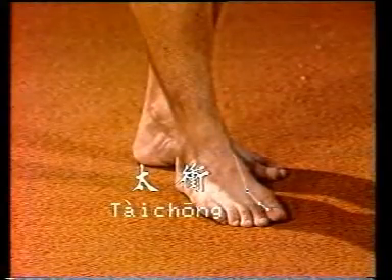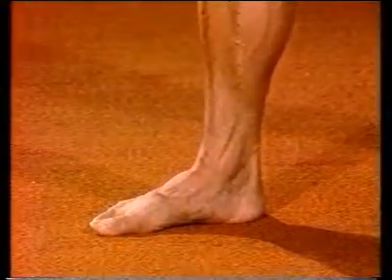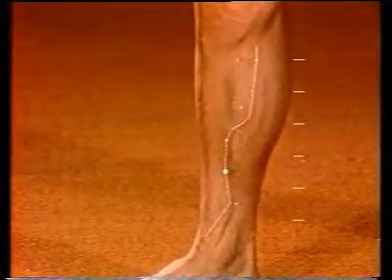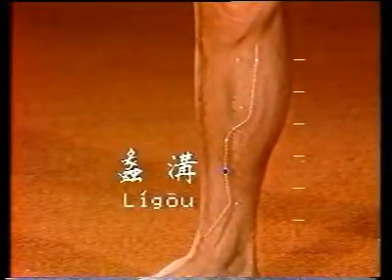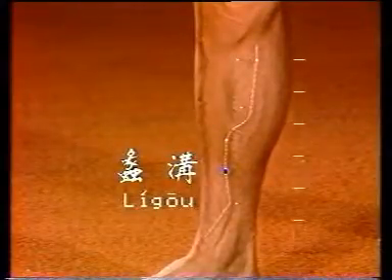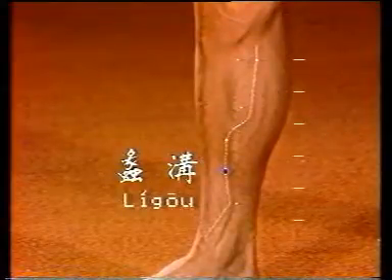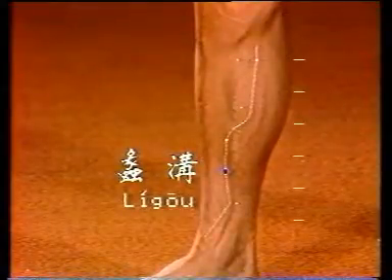Ligou, Liver 5. On the medial side of the leg, 5 cun above the tip of the medial malleolus, in the depression posterior to the medial border of the tibia.